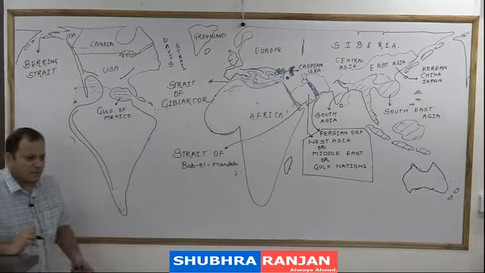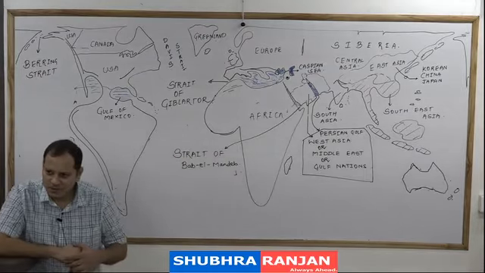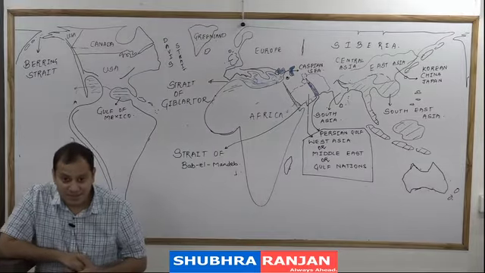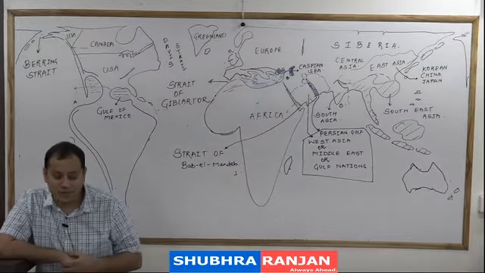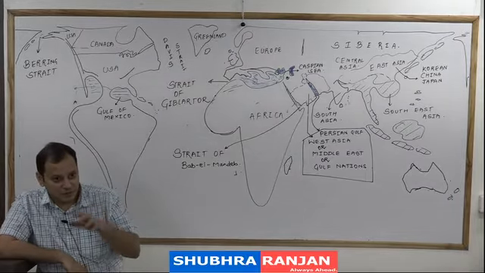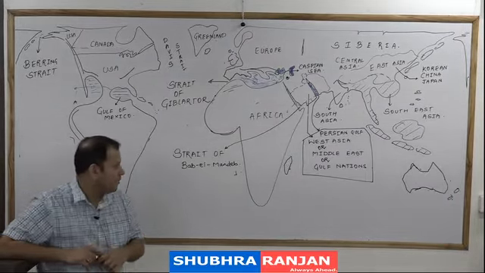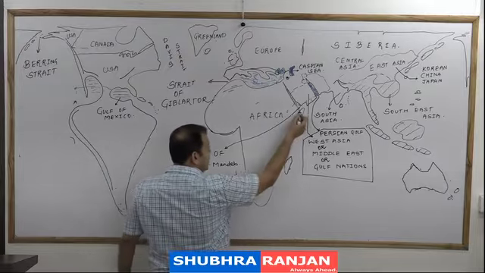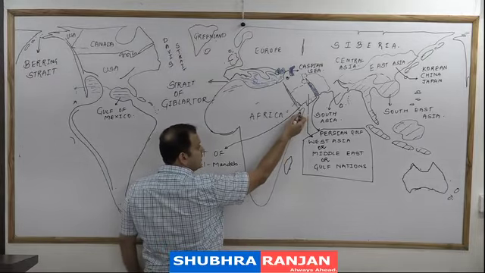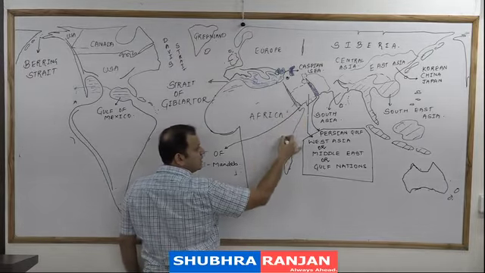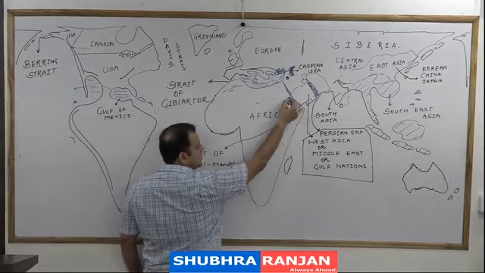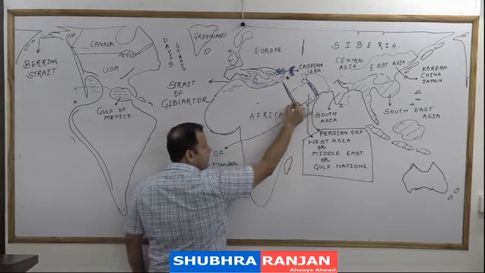Why it is always in the news? Because of piracy. Somalian pirates, Djibouti piracy. The Strait of Bab al Mandab is in the news because of piracy, and piracy is done by these countries which are lying here. And see the shape of Africa here.